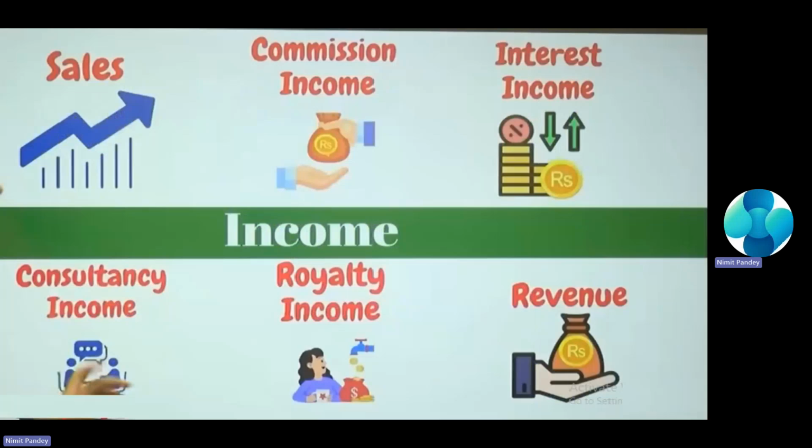Another thing is income. Our main business, from which we are generating income and getting money, is all income or revenue. Either we sell, or we get income from commission, interest, consultancy, or other income.